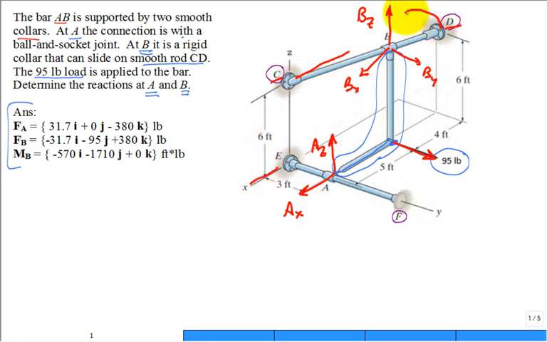Maybe D, move it over, and be underneath this point back here. Then it would be only along the x-axis, and we would have a non-zero BX. We just have BY. Because it can slide along the rod that would be completely aligned with the x-axis. It's a smooth connection. But it's not.